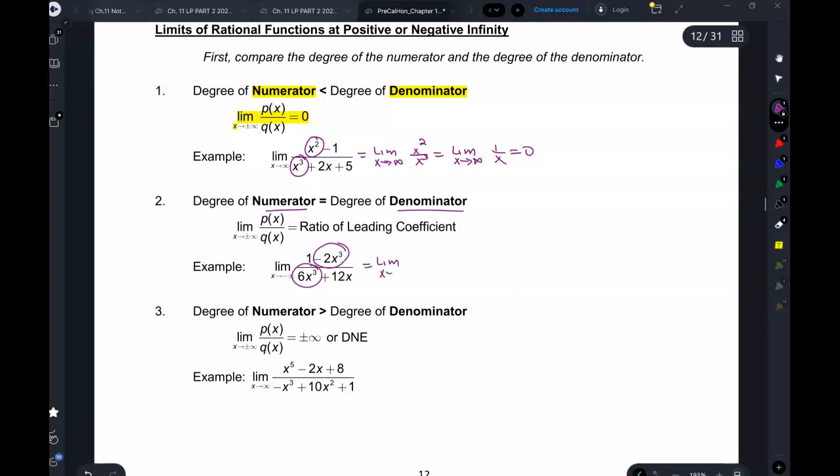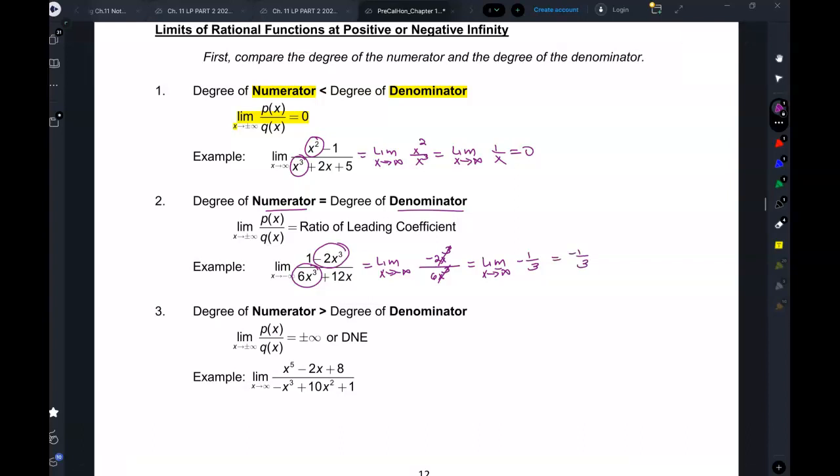Limit as x approaches negative infinity, negative 2x cubed over 6x cubed. These go away. So we just have the limit as x approaches negative infinity of negative 1/3. And what did we say in the beginning of this lesson? When you have the limit of a constant, what's the limit? It's just the constant, negative 1 over 3.